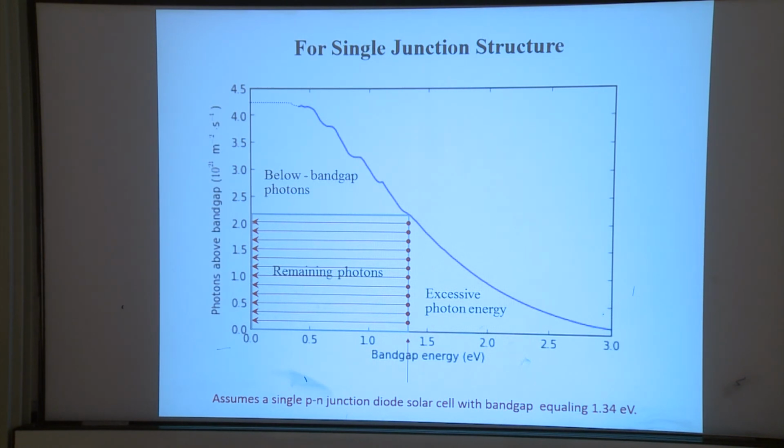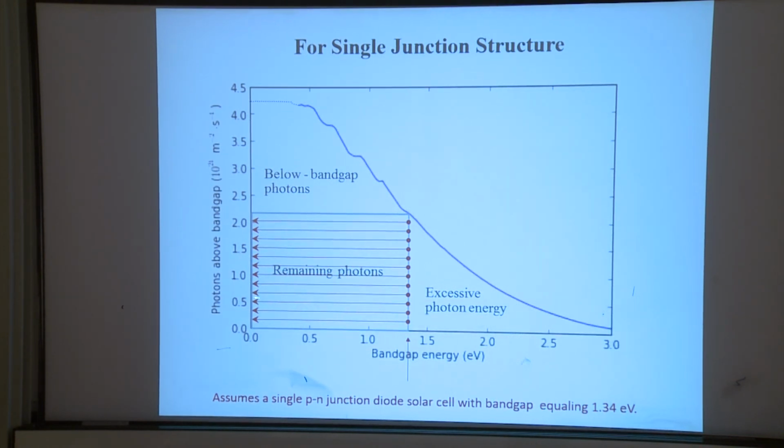All right? So this is the area that we can use for our solar cell power generation. However, for photon energy larger than the band gap, this portion is wasted by heat dissipation or cooling process. Can you understand? Okay.